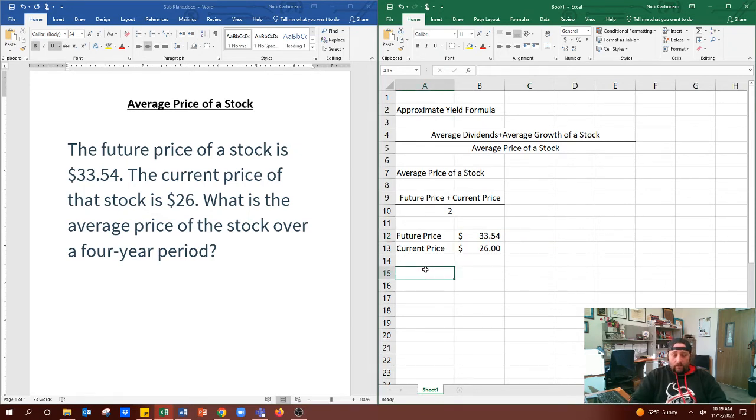We go $33.54 plus 26. And I'll put those in parentheses for us so you can see how we're actually going to do it. And then you take that whole number and you divide by 2. Or you could write it differently.